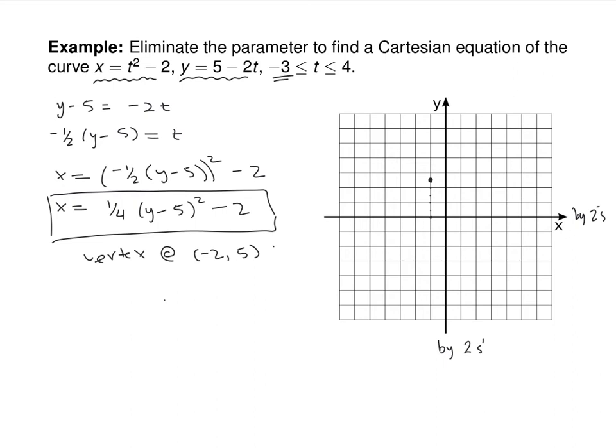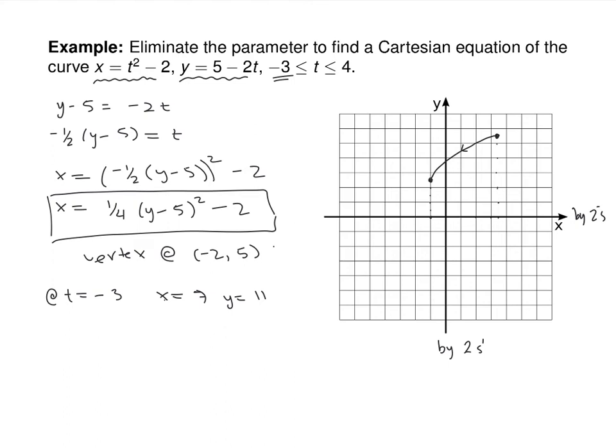So at t equals -3, the x equals 9 minus 2, or 7, and the y will equal 5 plus 6, or 11. So over 7, up 11. So 2, 4, 6, 7, 2, 4, 6, 8, 10. There's our starting point. And you're going to go in this direction towards that point.